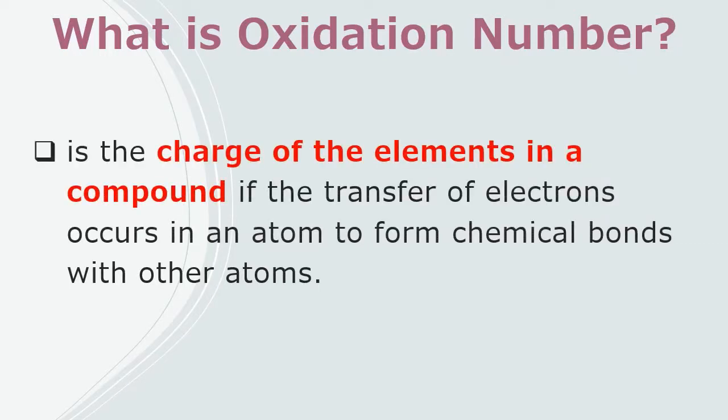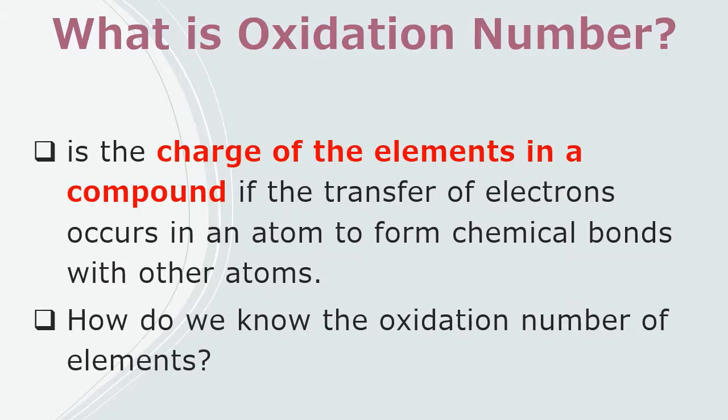Oxidation number is the charge of the elements in a compound if the transfer of electrons occurs in an atom to form chemical bonds with other atoms. How do we know the oxidation number of elements? Yes, we need to memorize the rules of oxidation number.